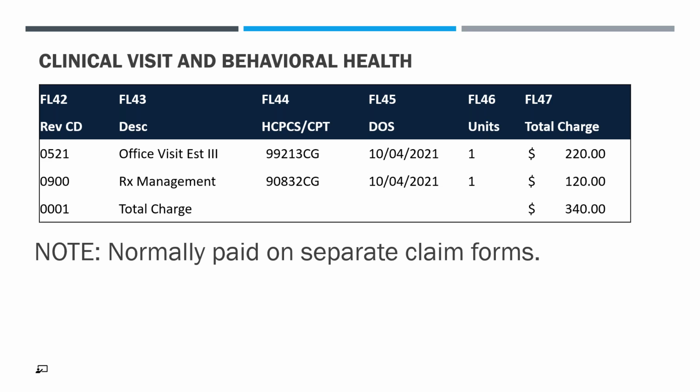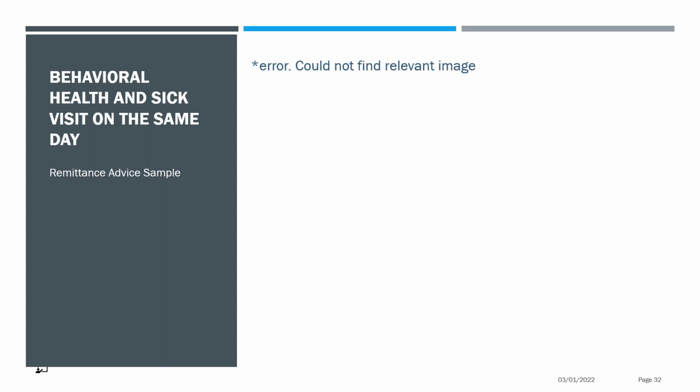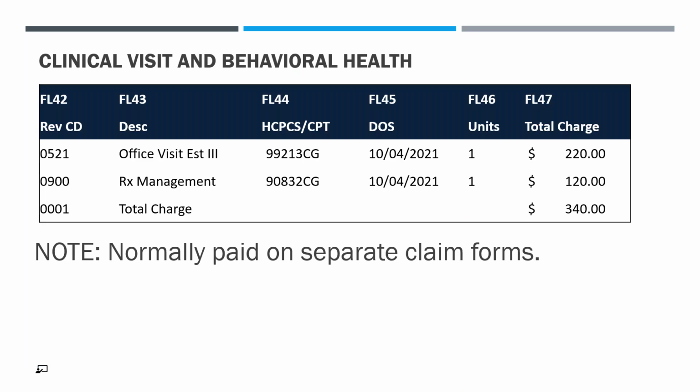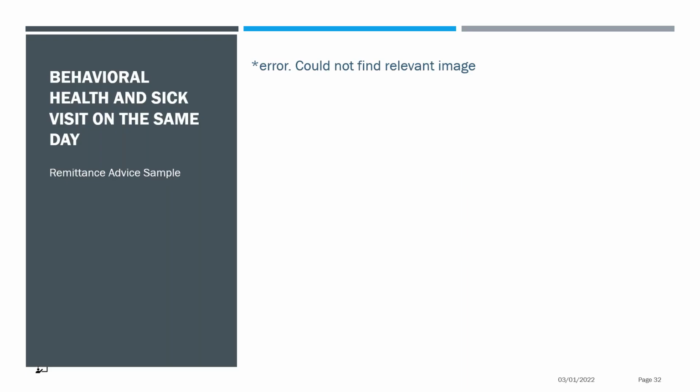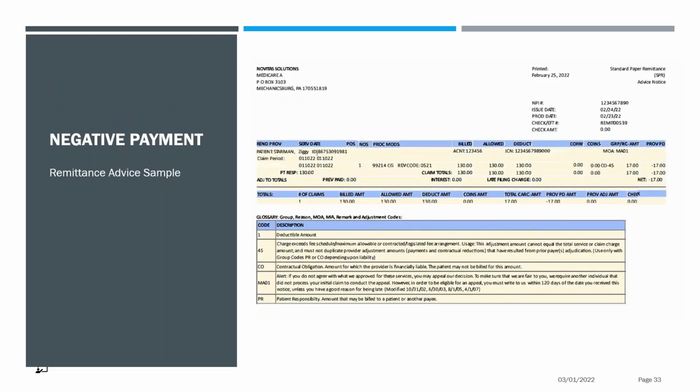You know what ends up happening when we look for claim examples is that normally these end up being submitted. And I think a lot of systems, because it's 2 different providers, separate the claim forms. So it didn't have a claim, it didn't have a remit sample. It errored out. So this is often split into 2 separate claim forms, which is same difference.